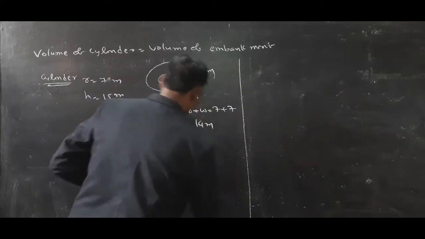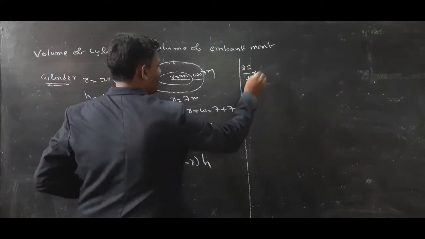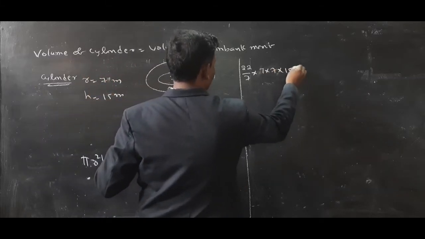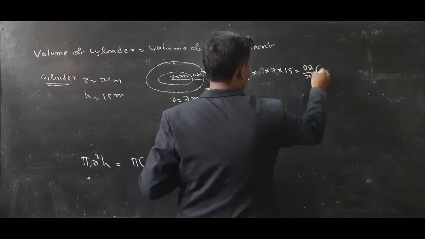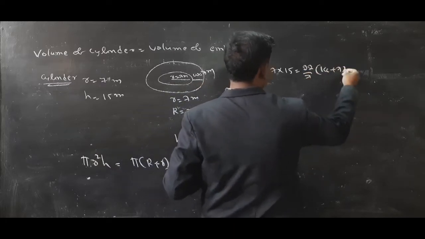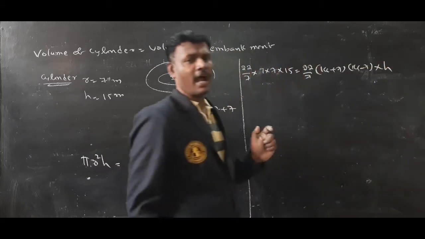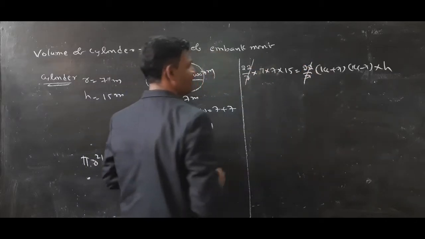Now apply the values. Pi means 22 by 7, into r square means 7 into 7, into height 15, is equal to pi means 22 by 7, into R plus r means 14 plus 7, into 14 minus 7, into h. I don't know the height of the embankment. Here 22 by 7 cancel.